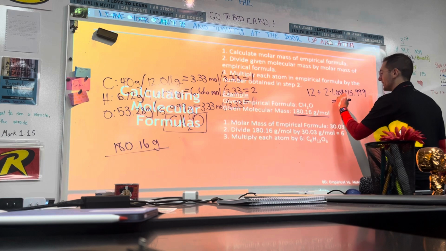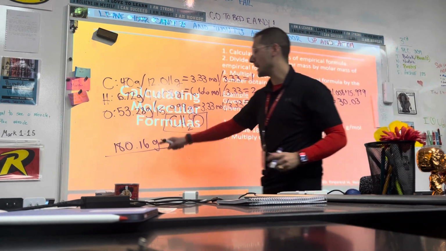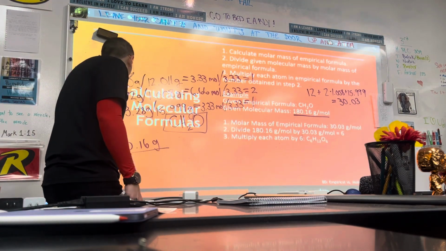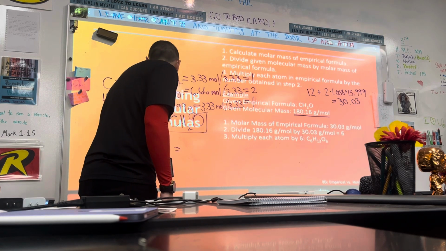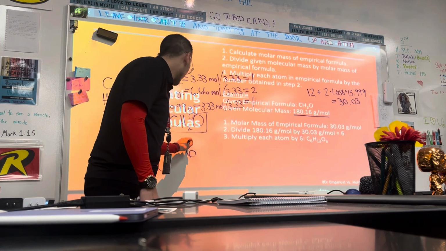When I get that mass, I get 30.03. So now I'm just going to divide 180.16 by 30.03. And that answer will be about 6.